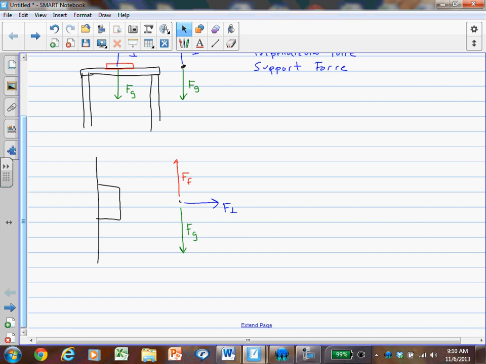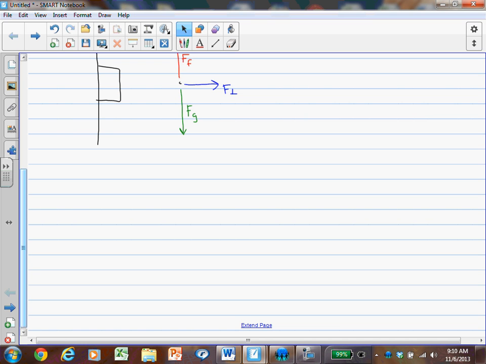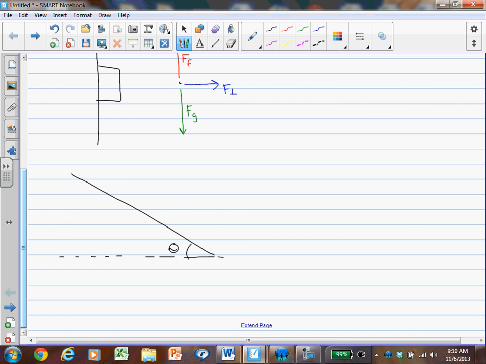Let's take a look at a block sitting on a ramp at some angle theta of the ramp. And our block sits here.